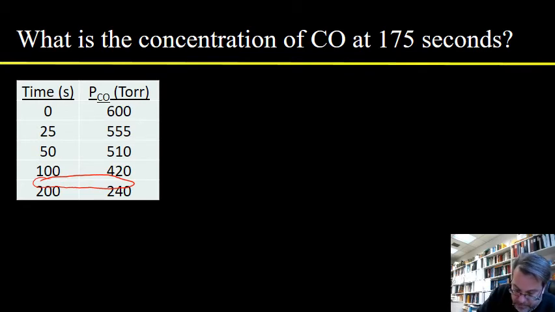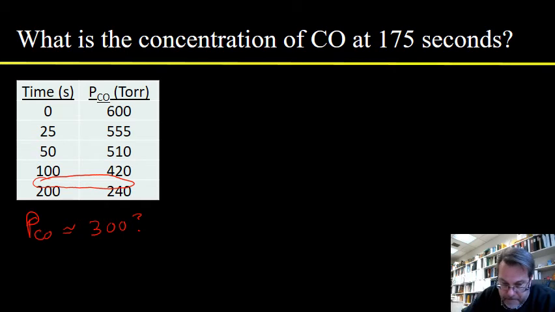So the pressure of carbon monoxide, I don't know, maybe 300, something like that. Yeah. But definitely something between 240 and 420. Right. So let's use our equation and calculate this, see what we get.